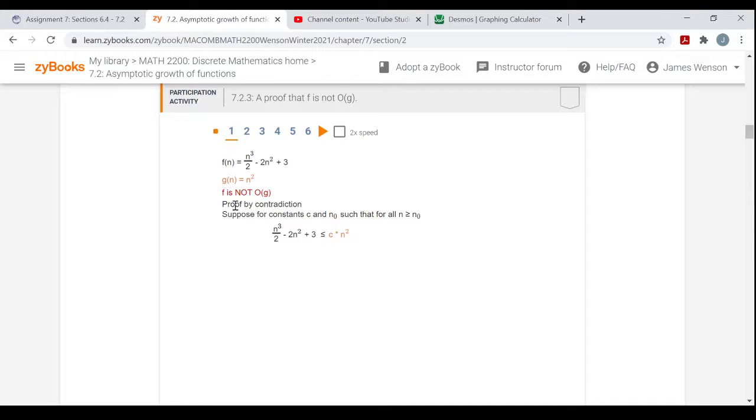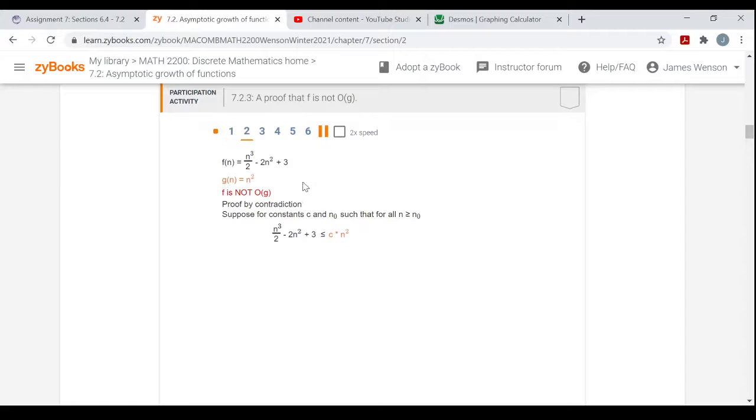All right, so they say, hey, let's prove this by contradiction. Suppose that f is O of g. That means that there is some constant c and some number n sub 0 such that for all n past n sub 0, f is less than or equal to c times n squared. Then they run through and manipulate this a bit.